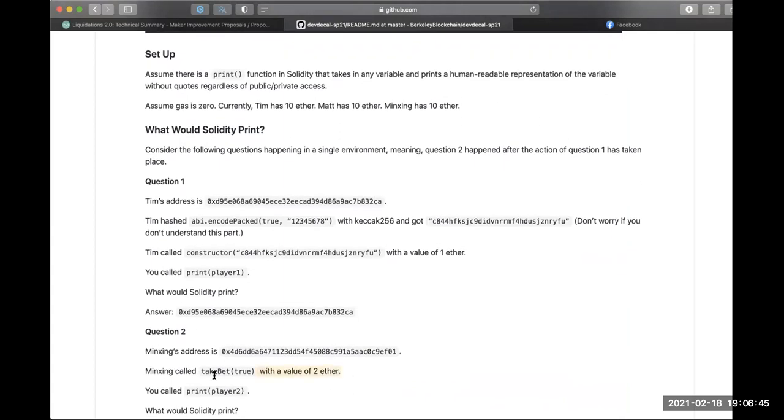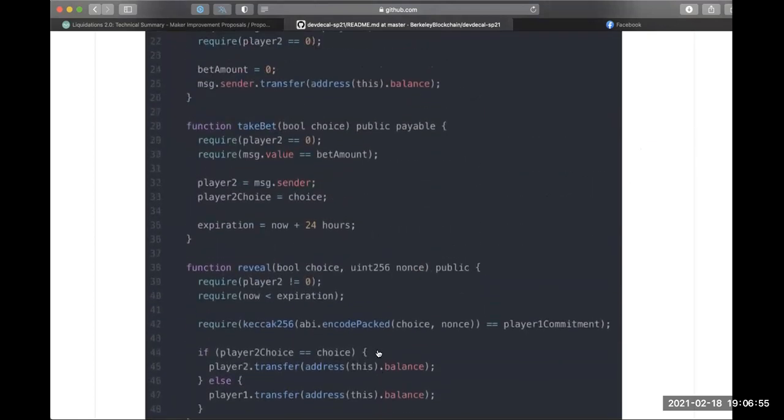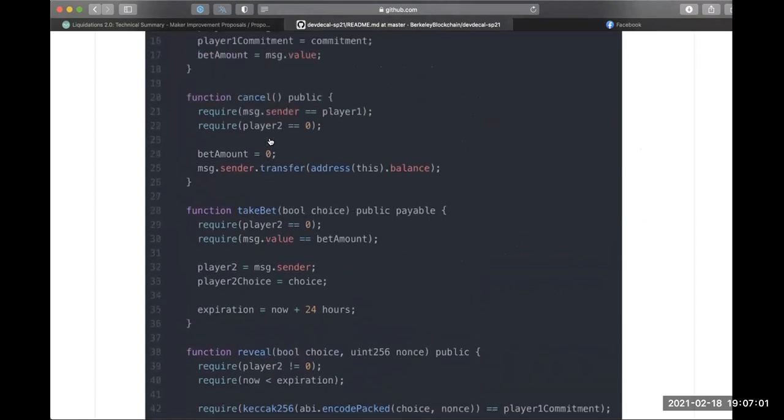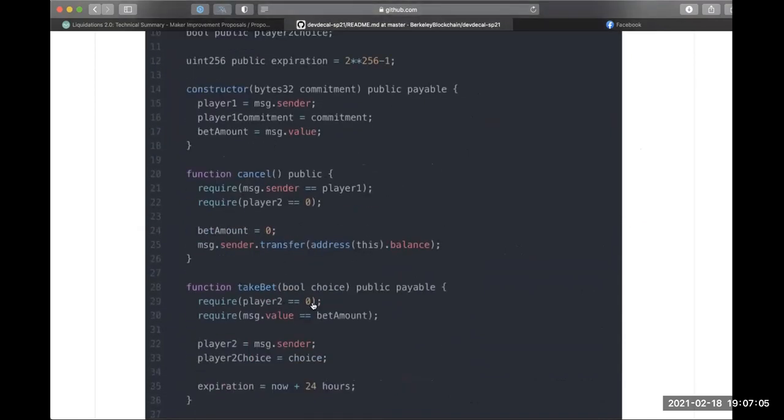So let's step through take bet. Min Qing calls take bet true with a value of 2 ether, and this is his address. So the sender of the message is Mingxing. There's no player 2 right now, so player 2 defaults to 0. That's correct.